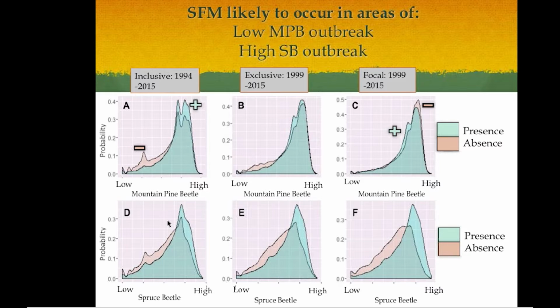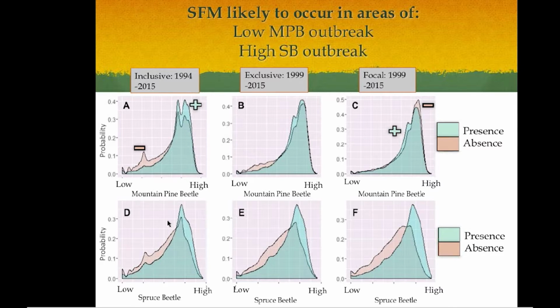But when you look at the focal extent, or that area where you saw a lot of activity of subalpine fir mortality and mountain pine beetle, there is an absence of subalpine fir mortality where there's a high presence of mountain pine beetle.